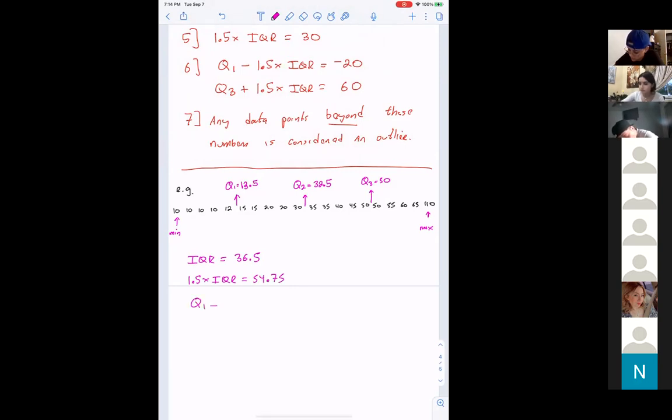So now when I do Q1 minus 1.5 times the IQR, tell me why I don't need to spend time to actually calculate this. Why do I not need to spend time to actually calculate this?